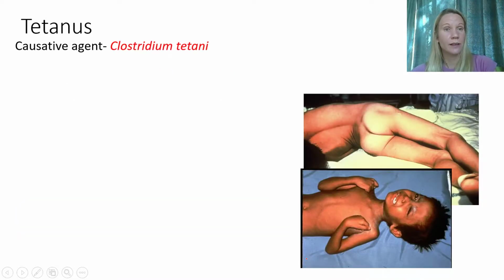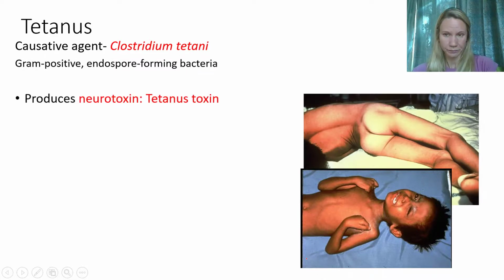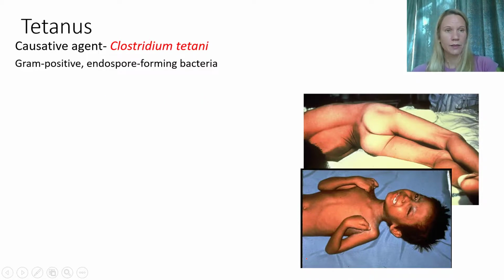Tetanus is caused by another member of the genus Clostridium. Different species. This is Clostridium tetani, also gram-positive, also endospore, also in the soil. So the transmission of tetanus is usually a puncture wound into the skin.